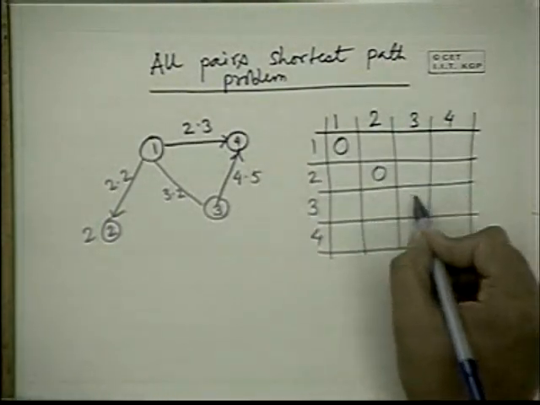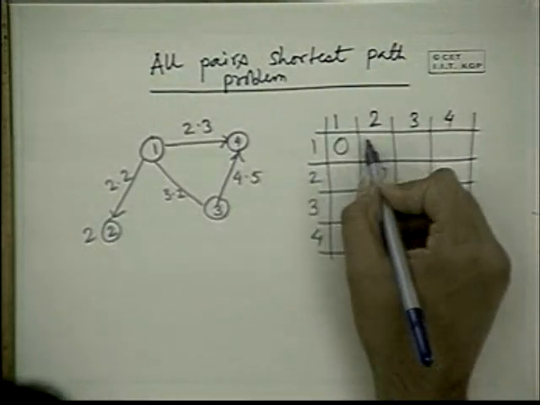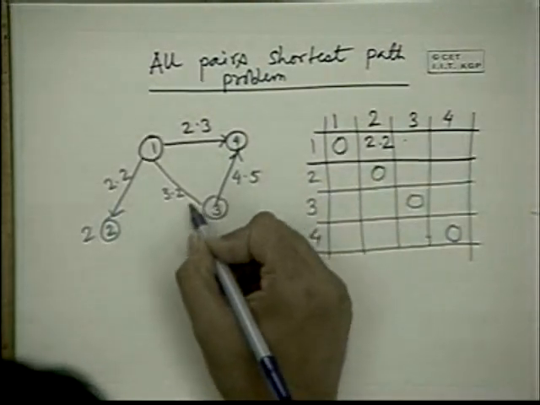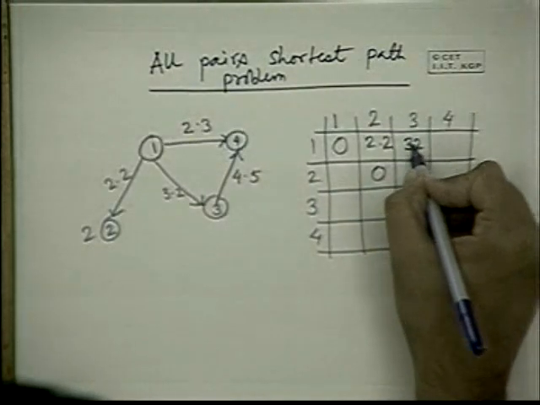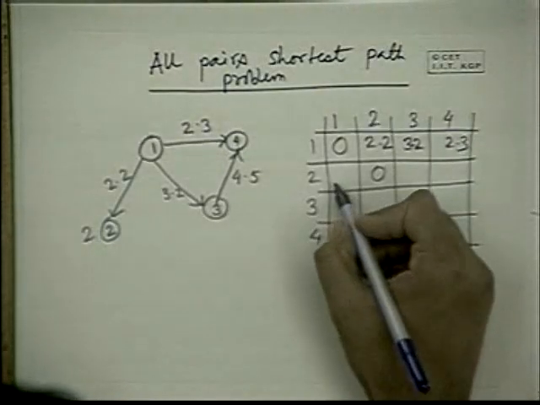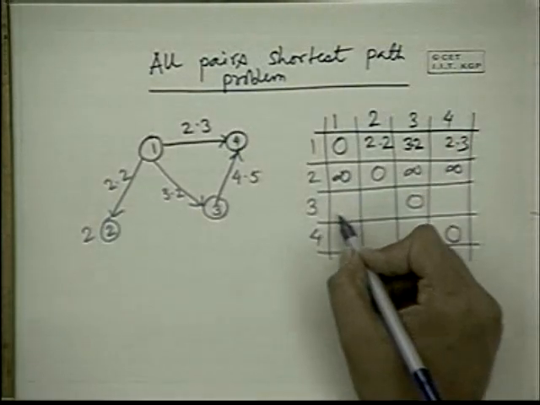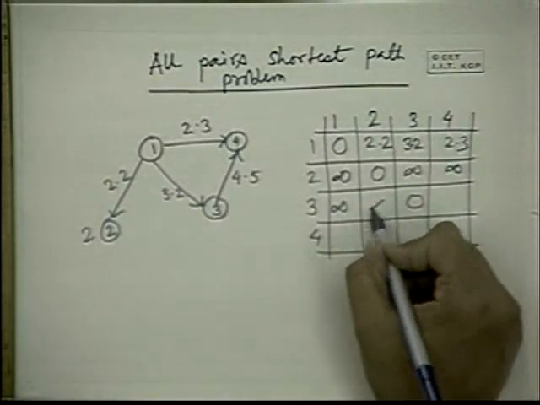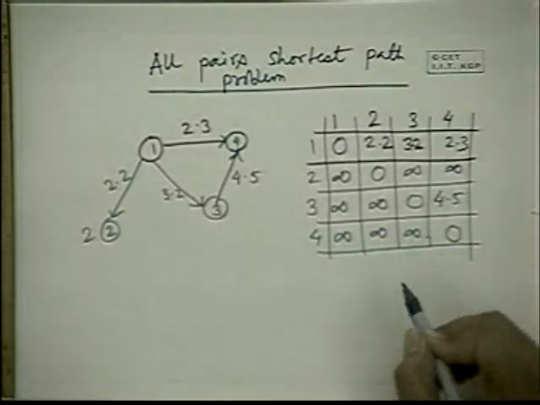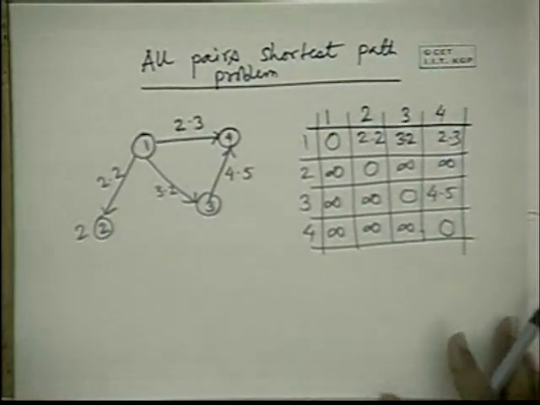All the diagonals I put 0. Between 1 and 2 it is 2.2, between 1 and 3 it is 3.2, and between 1 and 4 it is 2.3, and the rest are infinity, since there is no edge. This is the adjacency matrix representation of this particular graph.